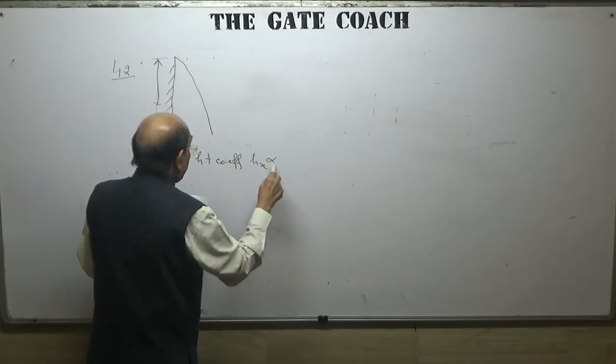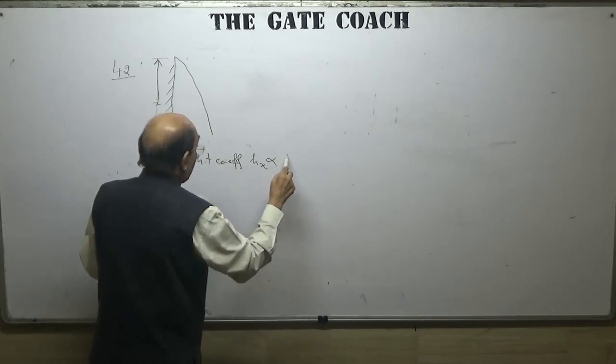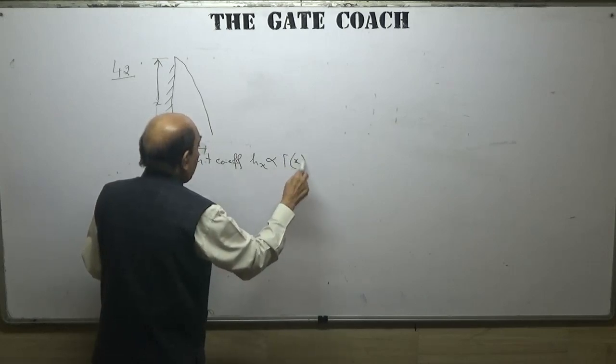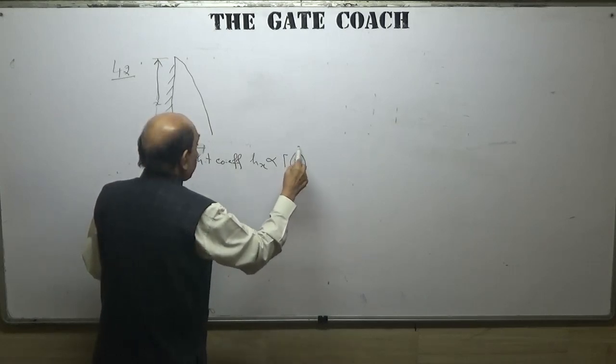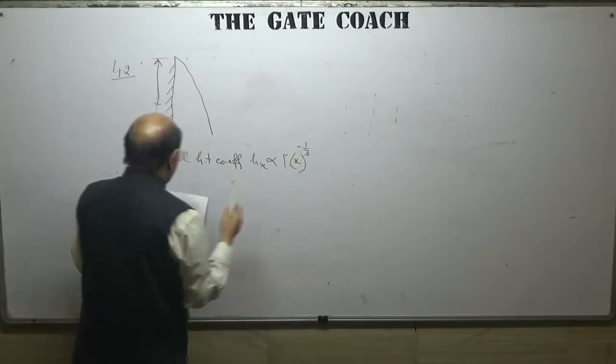Hx is proportional to mass flow rate at x raised power minus 1 by 3.